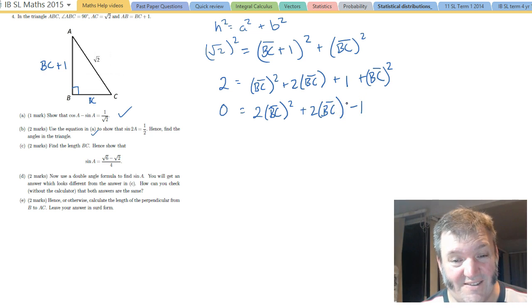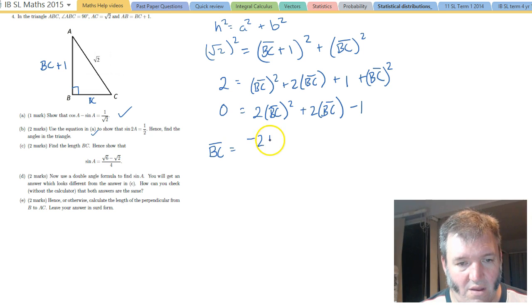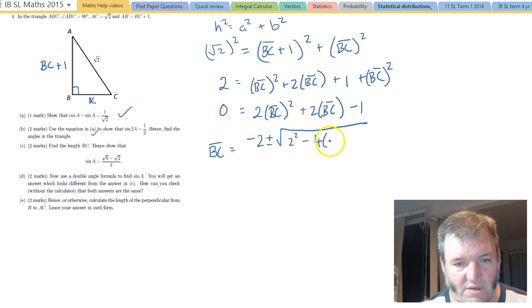Does it factorise nicely? Nope. So what do? Quadratic formula. BC, in this case, is going to equal negative B, so that's negative 2, plus or minus the square root, B squared, which is 2 squared, minus 4 times A is 2, and C is negative 1, divided by 2A.